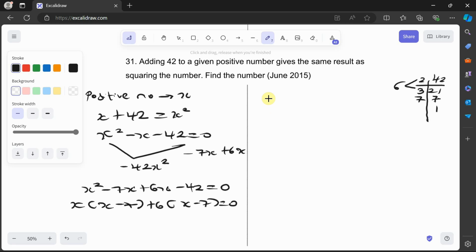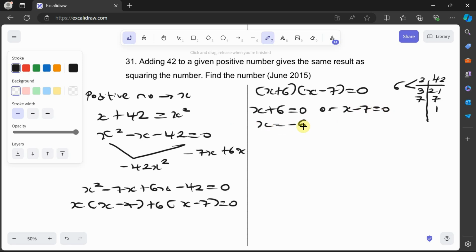So let's group. That will be x plus 6, x minus 7 is equal to 0. So x plus 6 is equal to 0, or x minus 7 is equal to 0. So x is equal to minus 6 or what? Or 7. So this is the answer for this question.